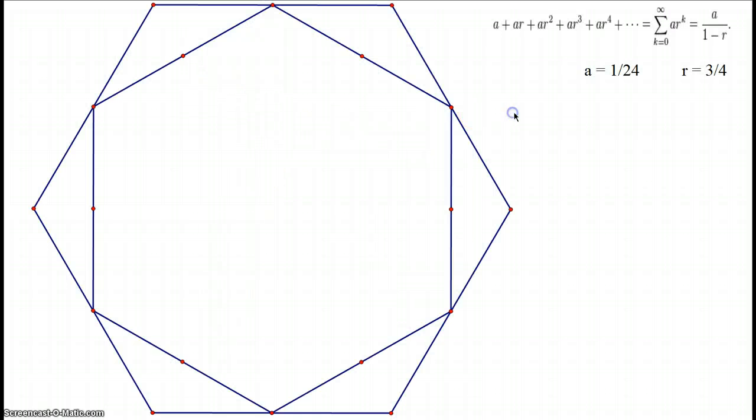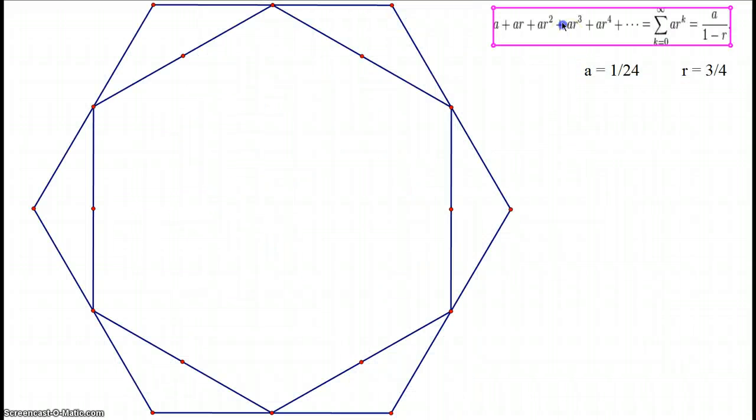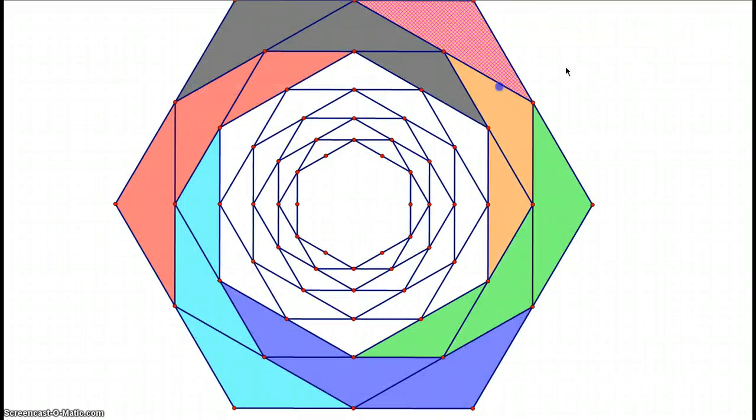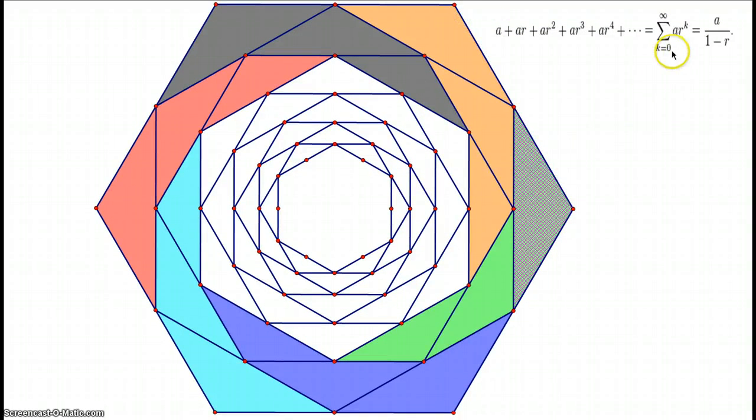So if we look at our geometric series again, 1/24 is our starting number, because at the beginning of our spiral, if we want to find out how much this is, we take the summation of our first term, and we go from 0 to 1, and if we put in 0, we'll just get this, and so that's what we want.